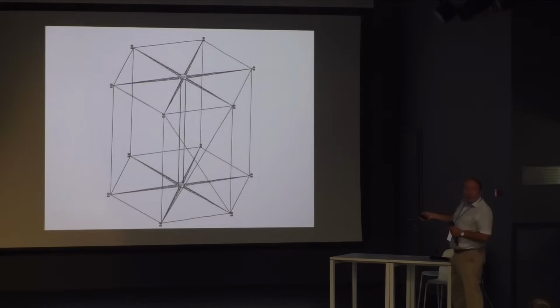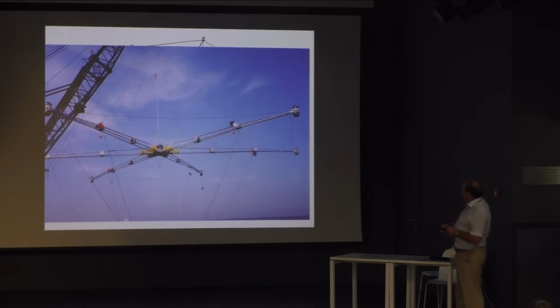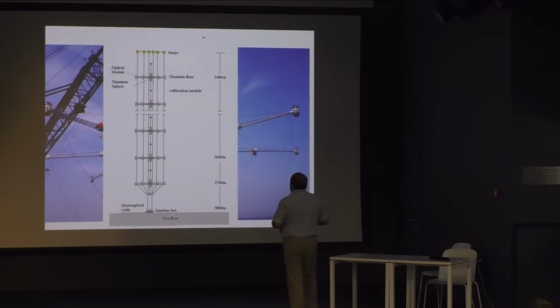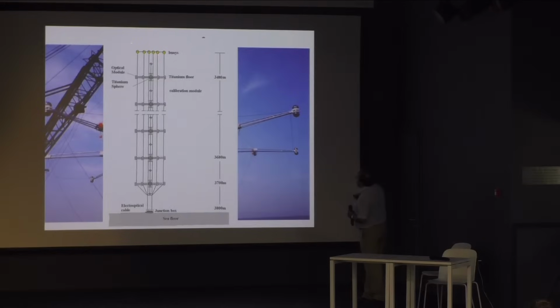This is the overall structure, 2 floors of the telescope. Here is 1 floor, one of them, and here is the whole construction. So 300 meters high. You see the buoys up to keep the different floors separated.